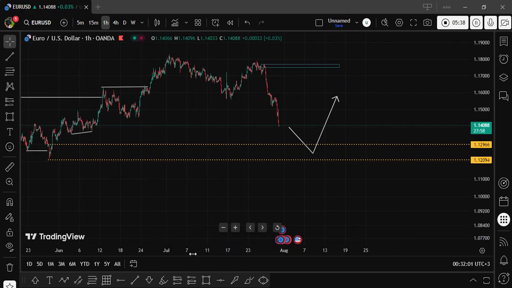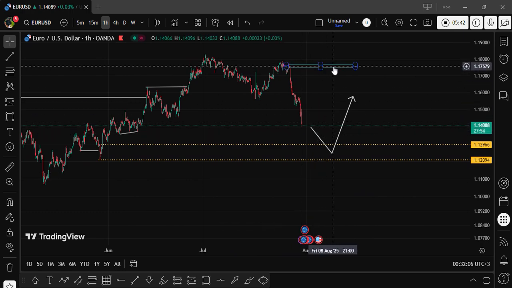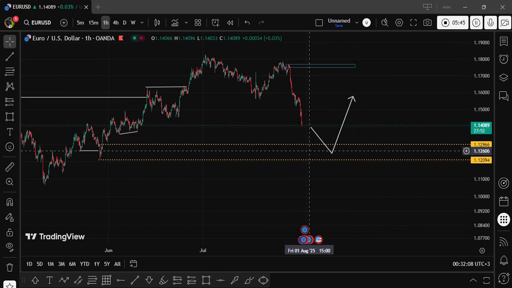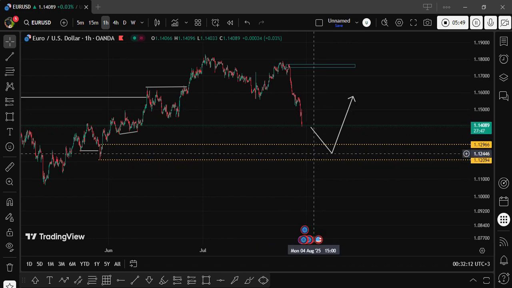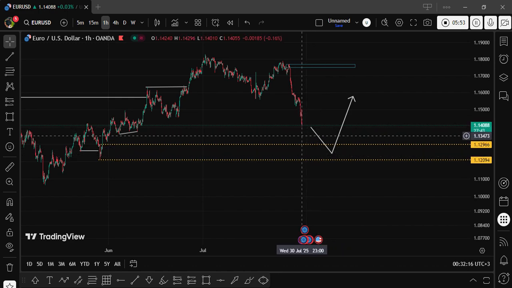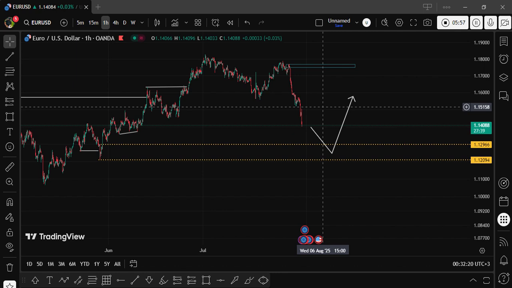So I'll wait for market to pull back up to this zone, then I'll take sales. Or else, if it forms a strong pullback during this movement that is coming to this order block, then I'll take the sales from there. You understand?